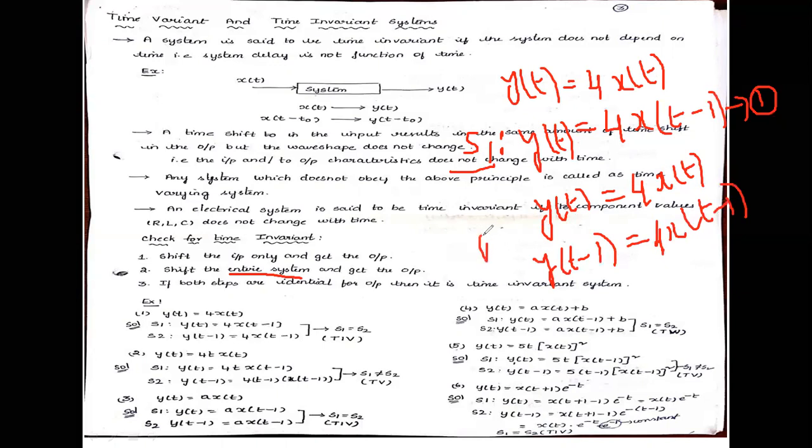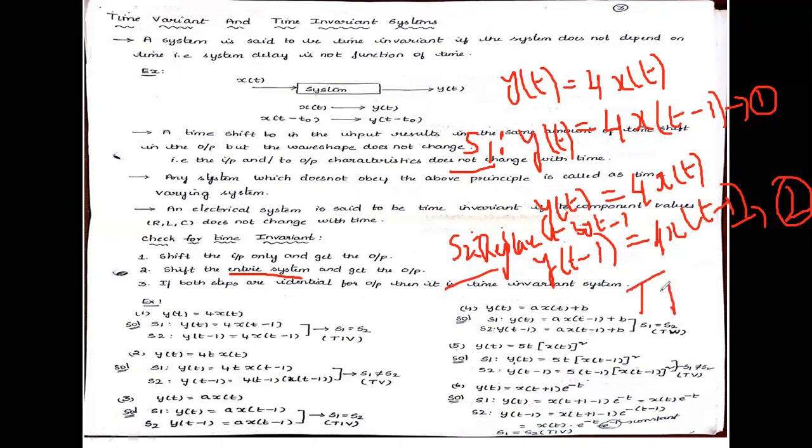Simply replace t by t minus 1. Now see here: y of t in step 1 and y of t minus 1 in step 2 are both equal to 4 into x of t minus 1. Then the system is a time invariant system.